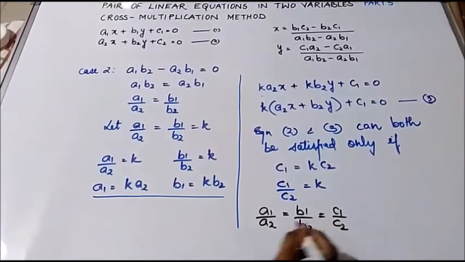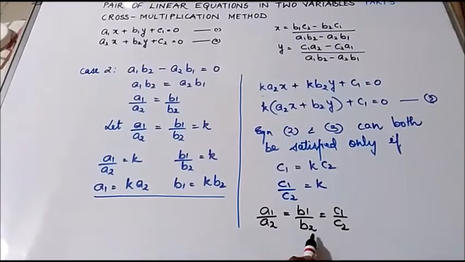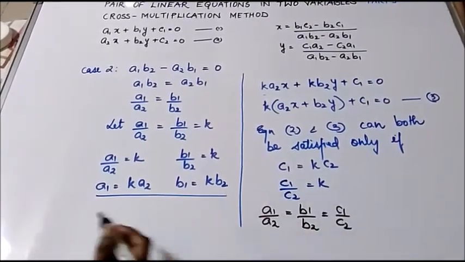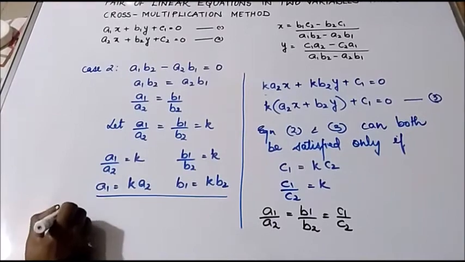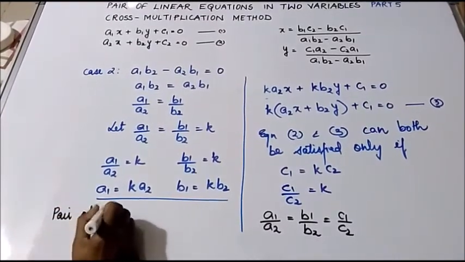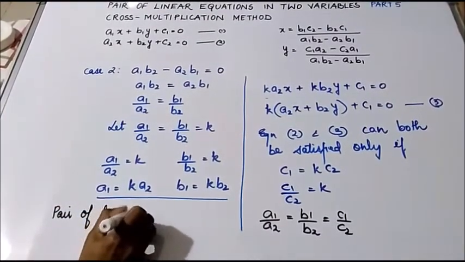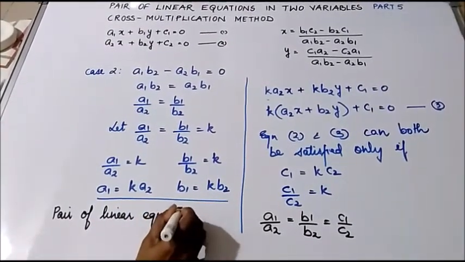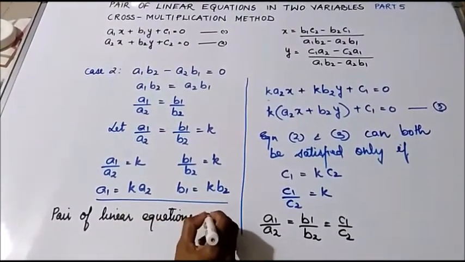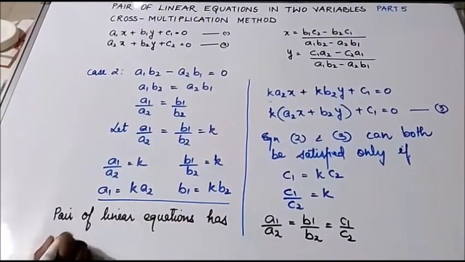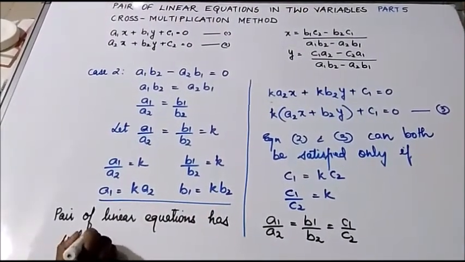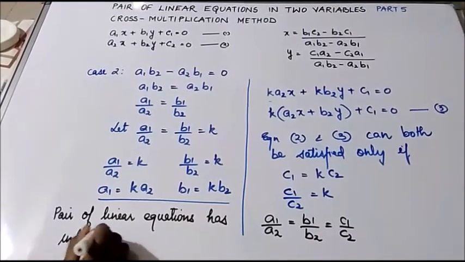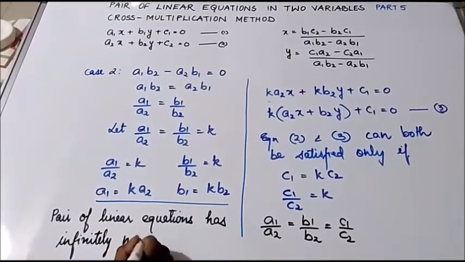Now if a1 by a2 is equal to b1 by b2 is equal to c1 by c2, then the pair of linear equations has infinitely many solutions.